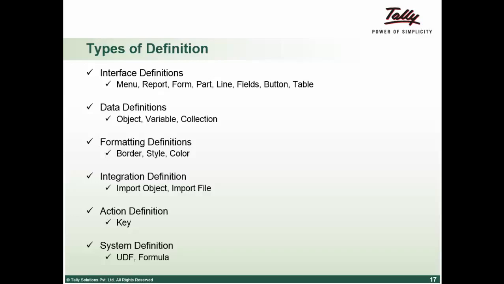So something that a user can see on his screen, and to give a better graphical output to the user, are termed under user interface definition. The definitions in this category are menu, report, form, path, line, field, button, and table.